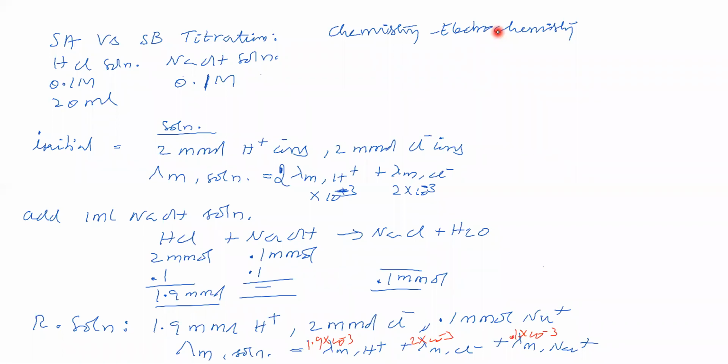Here you may have another idea. What is the idea? Molar conductivity means current carried by 1 mole of electrolyte. What is the meaning of lambda m? It means current carried by 1 mole of electrolyte. That idea you may also be having.